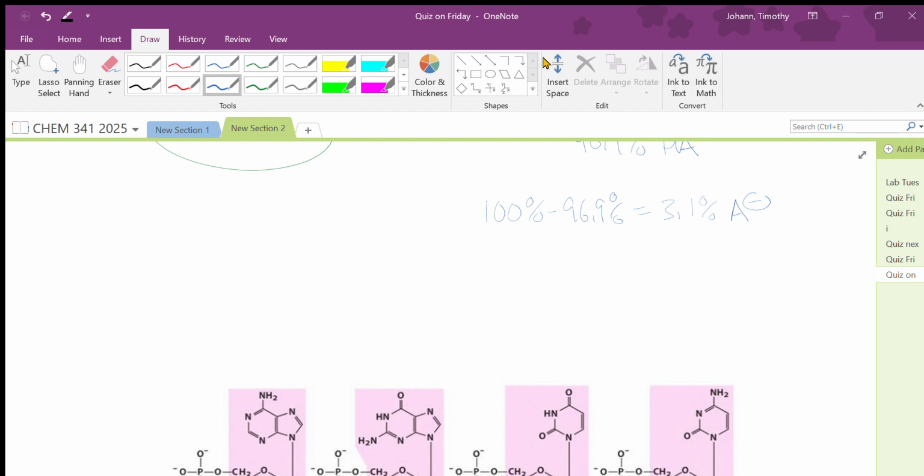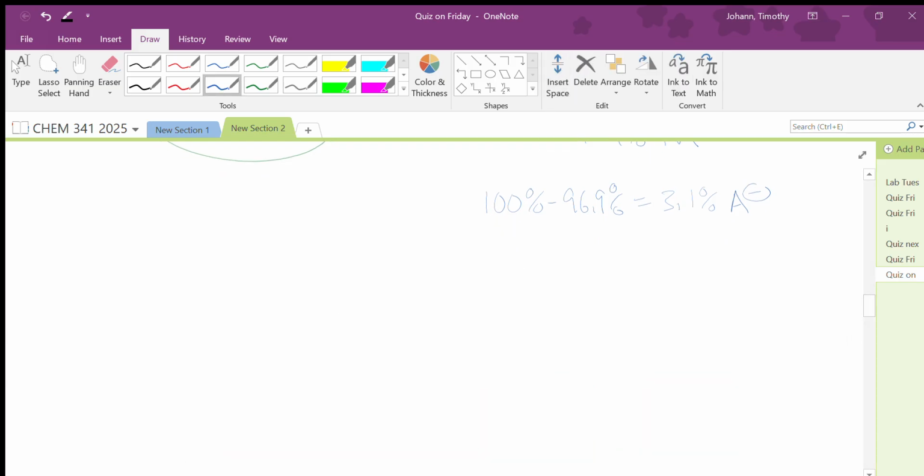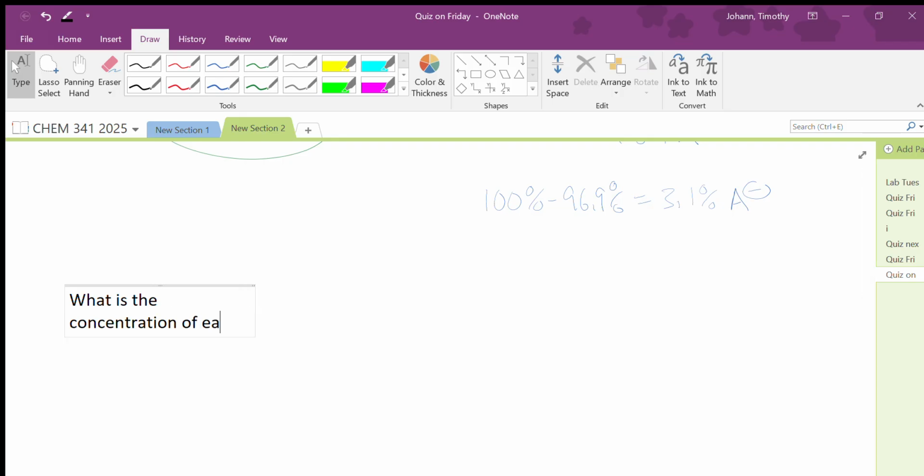Let's talk about this problem, how it could be extended a little bit more. So what if instead I'd given you an original concentration there? So what is the concentration of each species, so I'm thinking about each protonation state, of acetaminophen at pH, what do we do, 8?